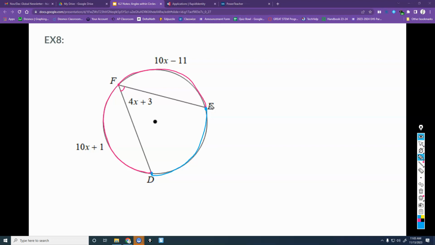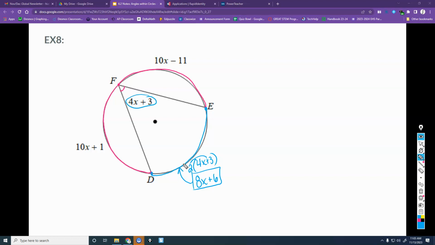I'm not going to get a number answer for this. I would have to double the inscribed angle, right? So I'd have to do 2 times 4x plus 3. Which, if I wanted to go ahead and distribute here, that would be 8x plus 6 there. So that's this. But the question, I should have written here, find x. It wants you to find x.